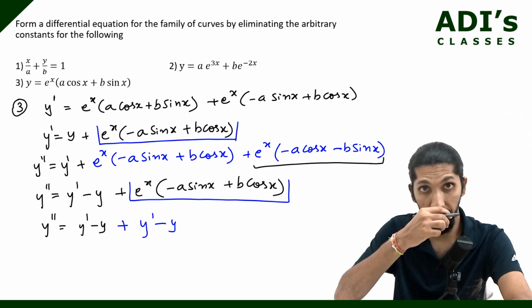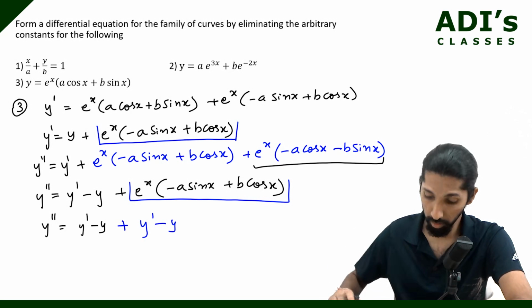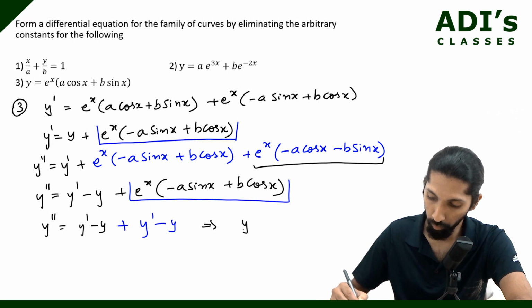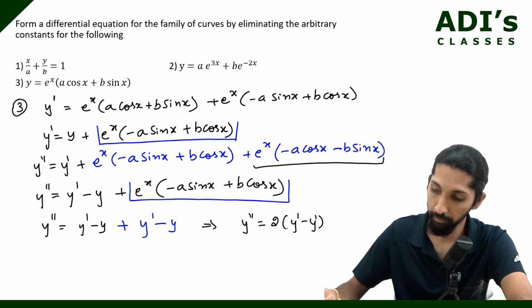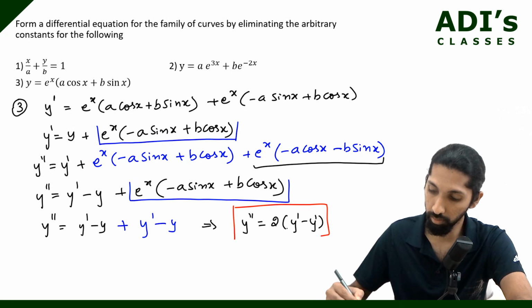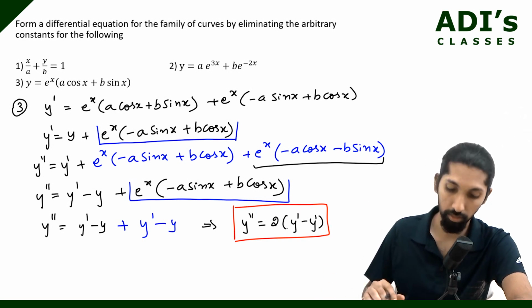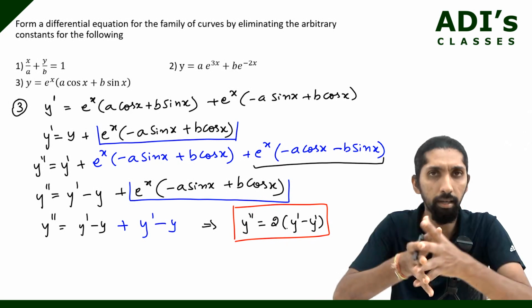We got it from the previous equation, right? So if you substitute, what do you get? This implies y double dash is equal to 2 times y dash minus y. So this is going to give us the answer to the third question, which is quite direct and easy, I would say.